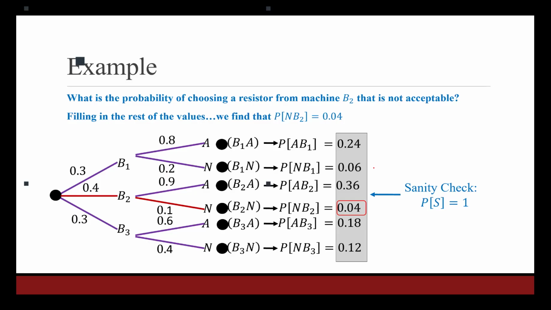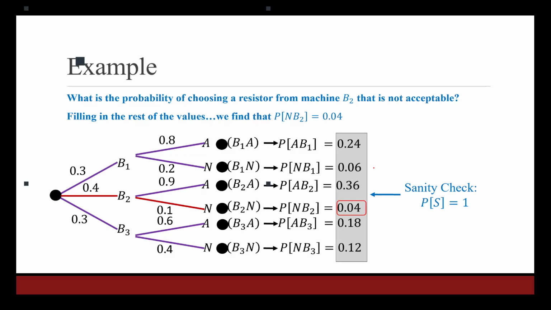Now, we want to calculate the probability of having a non-accepting resistor that is produced in the second line, B2. What is the probability that this is a failed product and it was made by B2?